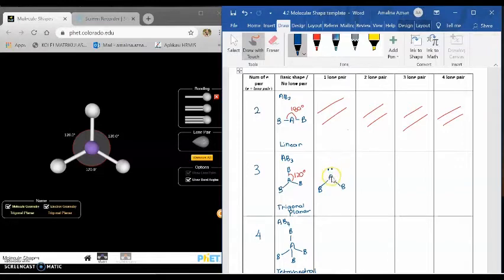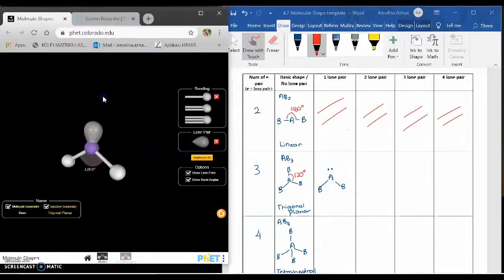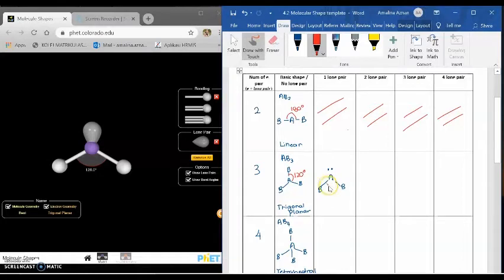Okay, what happened to the bond angle? When you substitute the bonding pair of electrons with a lone pair, supposedly the repulsion here will push, which means the bond angle will be less than 120 degrees.